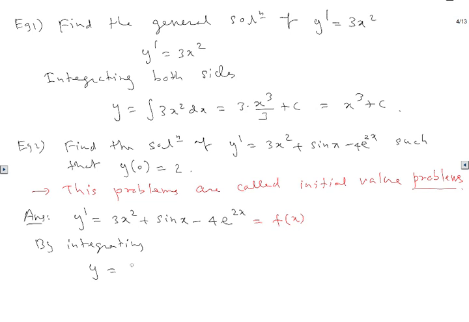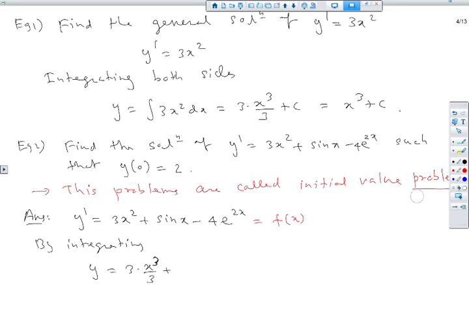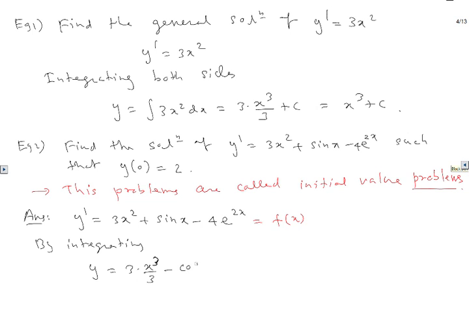The other side becomes 3 times x cubed over 3, plus the integral of sine, which is negative cosine, and then minus 4e to the 2x divided by 2, plus c, a constant. If you simplify this a little bit, you get x cubed minus cosine x minus 2e to the 2x plus c.